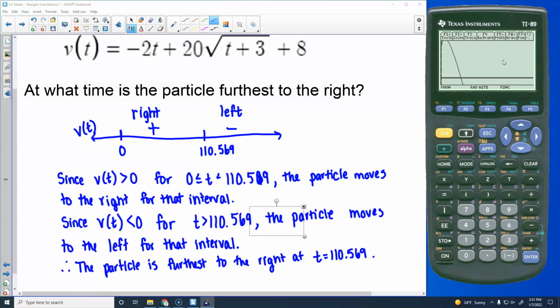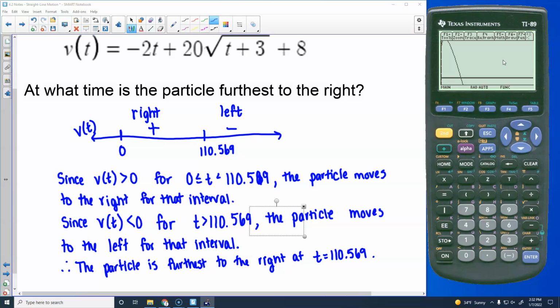But in this case, it only goes right, and then it goes left, so it has to be this point right here. If we had a graph that went right 2 times, would we say we can't determine this? Probably what would happen is that they would give you the original function, so you would check both points and see which one had the higher value.